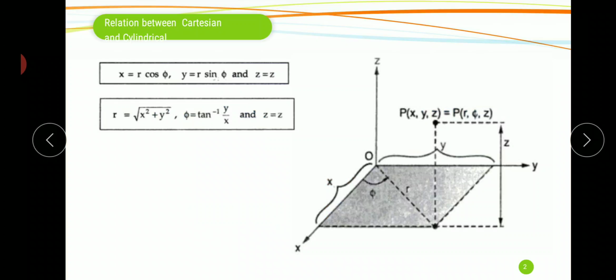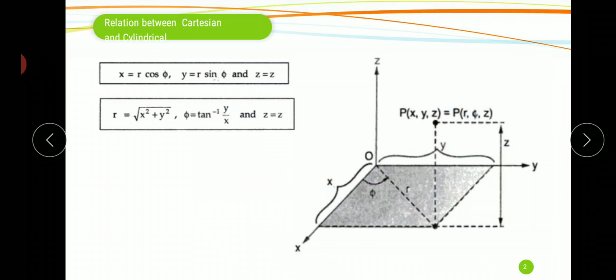That means for a Cartesian coordinate system, the smallest length, that is differential length, dl, is written as dx ax bar plus dy ay bar plus dz az bar. So these topics were discussed in the last class, and also vector multiplications.